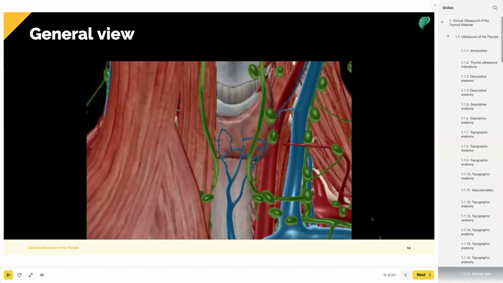All right, so here we can see the relationships between the jugular vein, the carotid artery, which is here. The jugular is also showing to be sitting next to the lymphatic chain, and also the lymphatic chain runs close to the carotid artery as well.